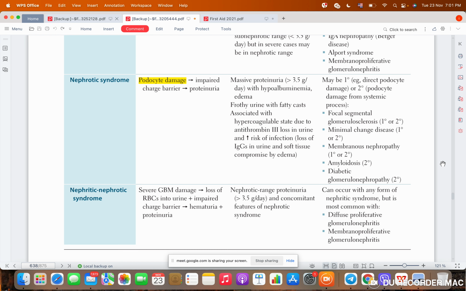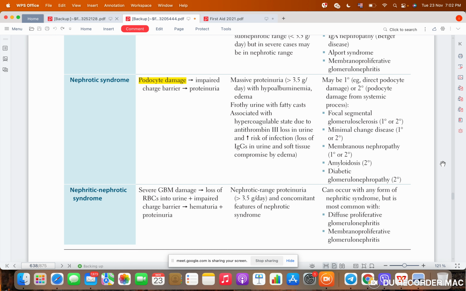Amyloidosis, here we go. We spoke about it the other day. Can someone tell me regarding amyloidosis, what is it made out of? Beta-pleated protein. Excellent. I want you to make a note about amyloidosis.